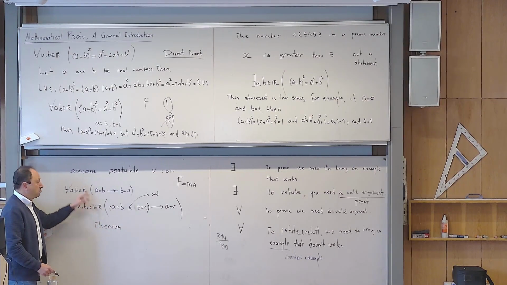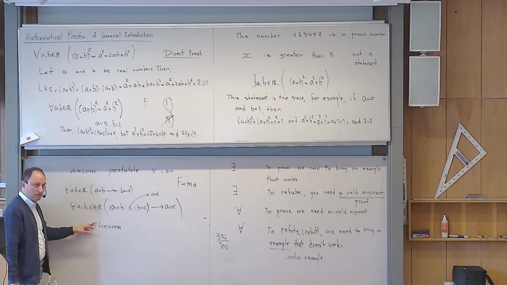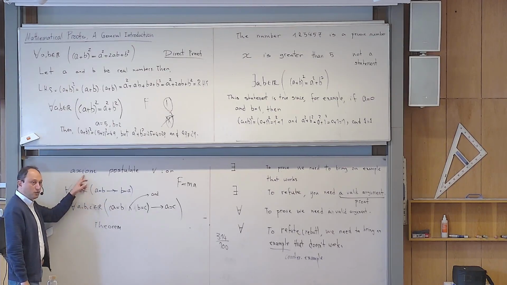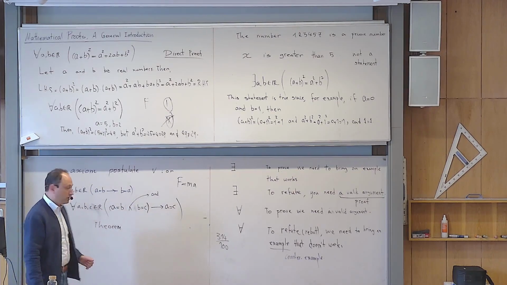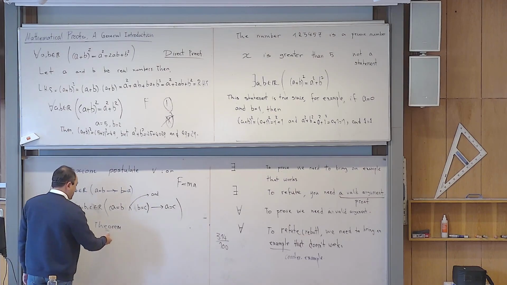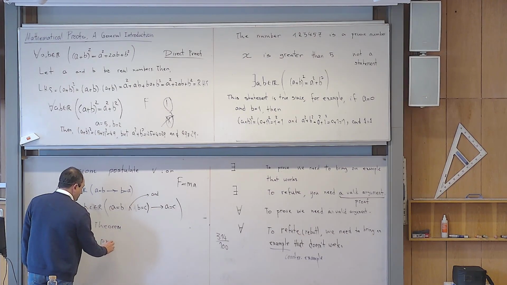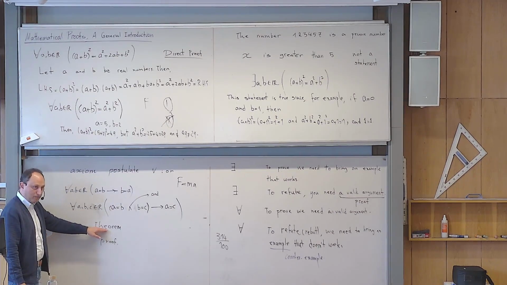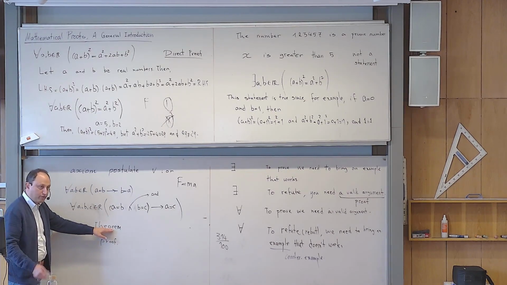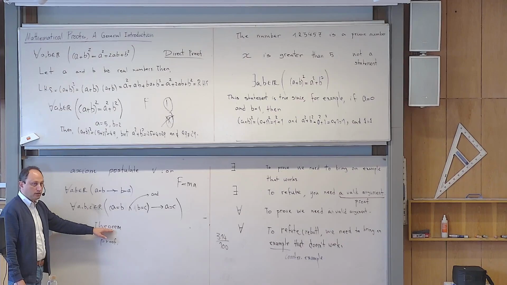Both of them are true statements, but here we don't prove that they are true, whereas there we have to prove that they are true. So if you see a theorem in a math book, immediately after that you usually see a proof. It means that I am proving that what is claimed in this statement is true, and I have to show it. Is that clear?